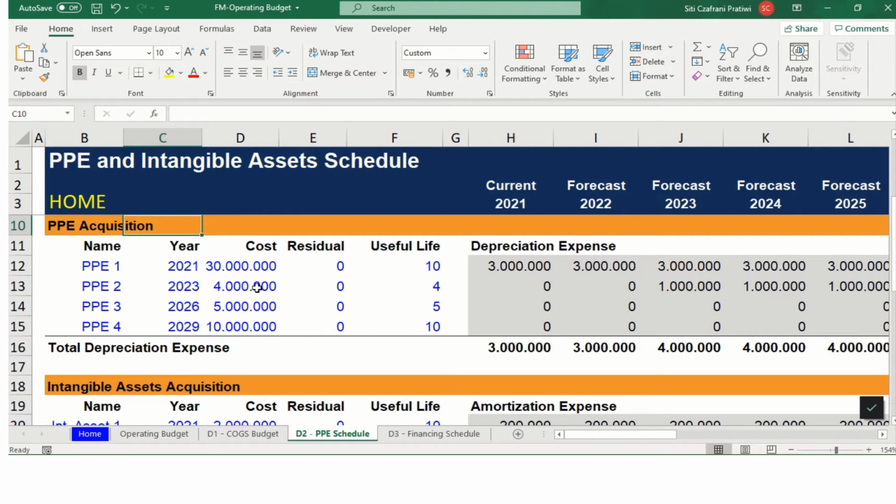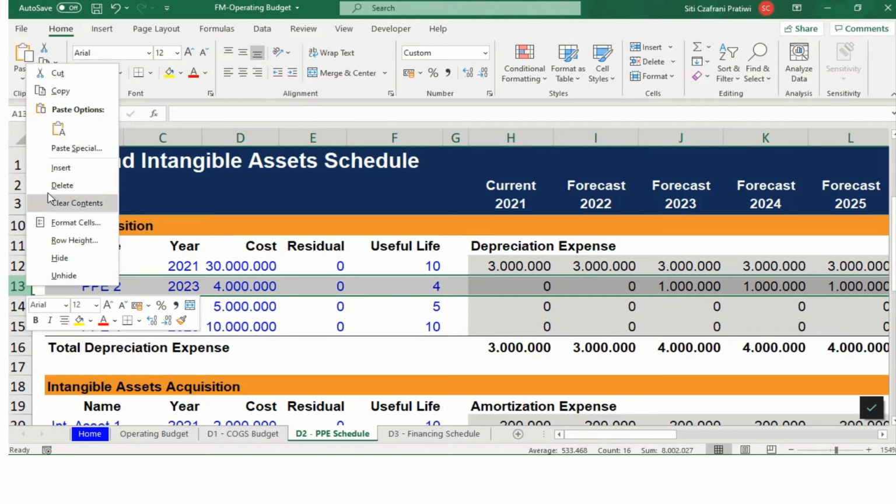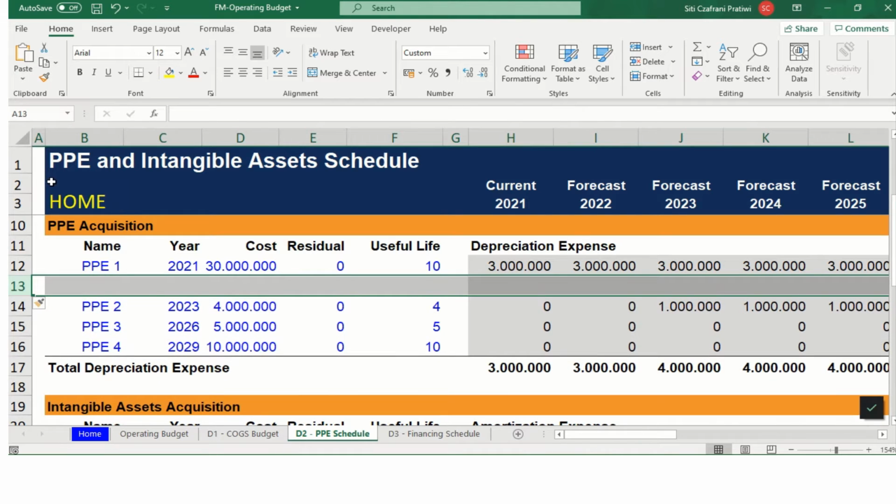For instance, here I have four PPE purchased in four different years: 2021, 2023, 2026, and 2029. However, if in year one of your forecasted period you want to purchase more than one PPE, you can simply insert more rows here.